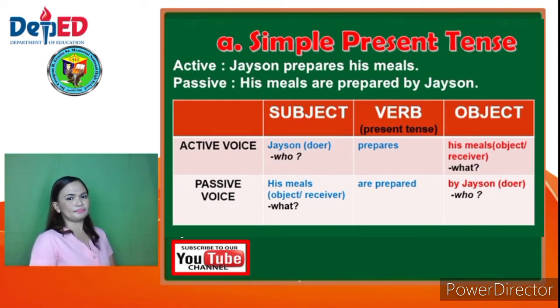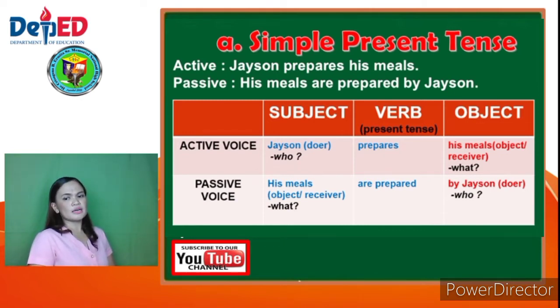Analyze the table. Note how the verbs are used in active voice and passive voice. In active voice, the verb prepares is in present tense. It is in the singular form, which is with S, because Jason is a singular subject.